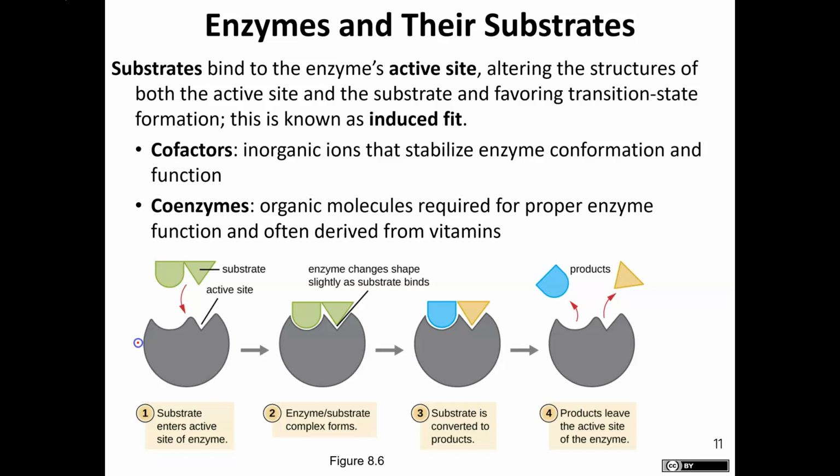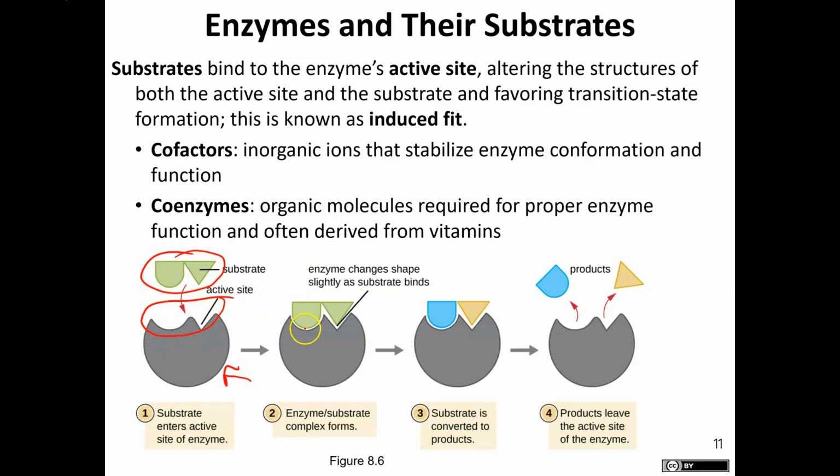So here's an enzyme, and it has a specific shape. That shape allows a substrate to fit. So the region that the substrate sits in is called an active site. So this here is a substrate. This is the active site.